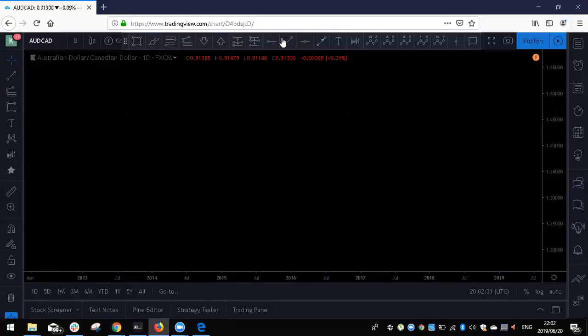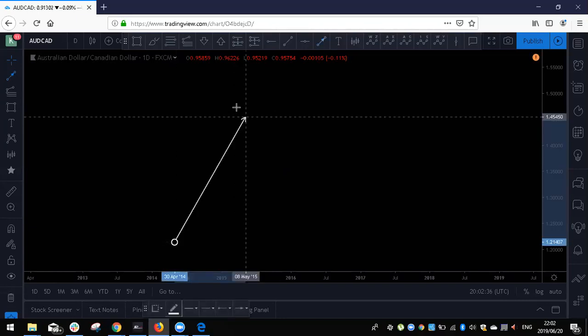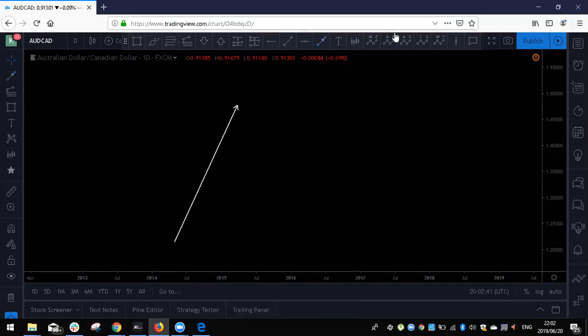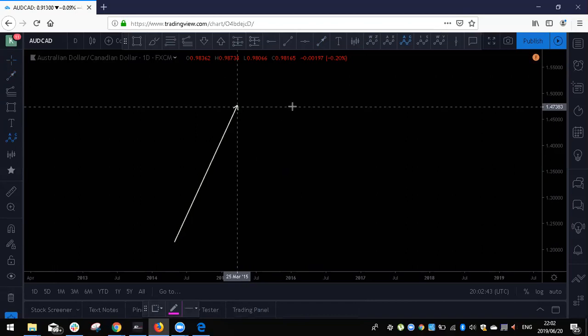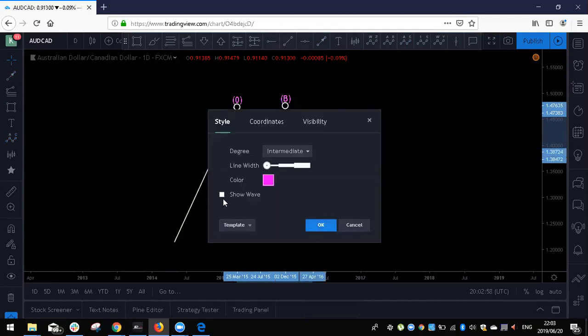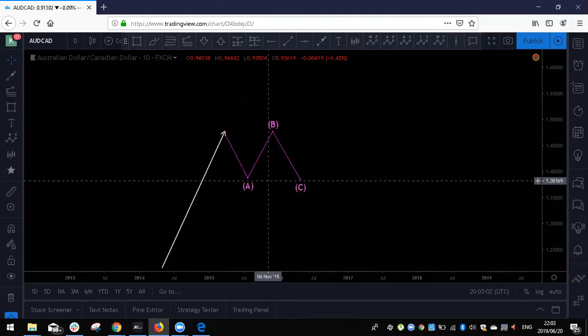If you have a flat, let's say you have your impulse like this, and then you start to get a flat correction like this.